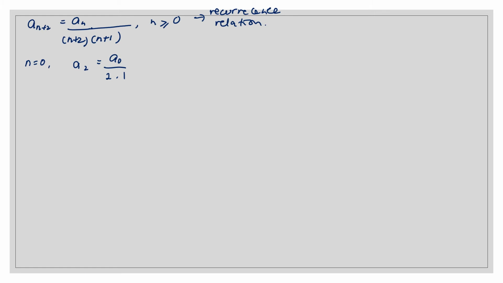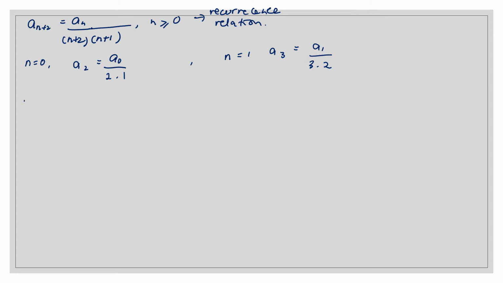For n equal to 1, we have a3 equal to a1 over 3 times 2.